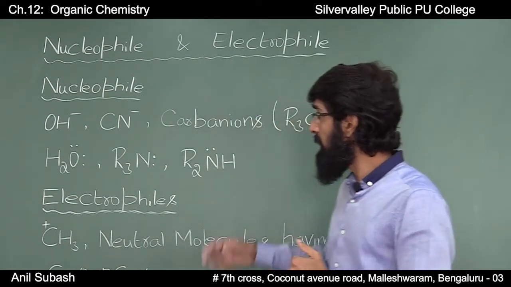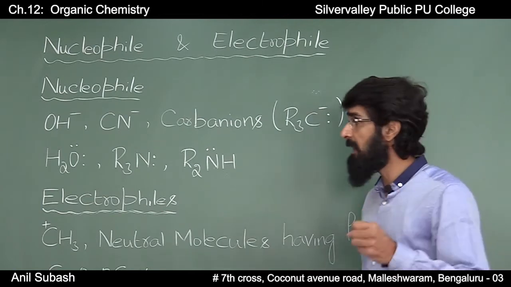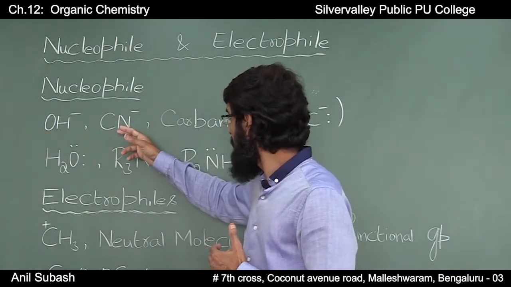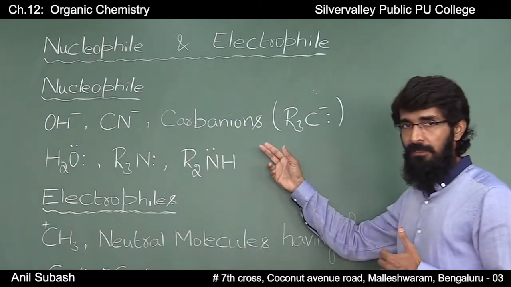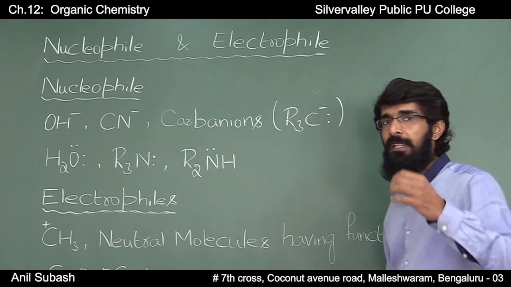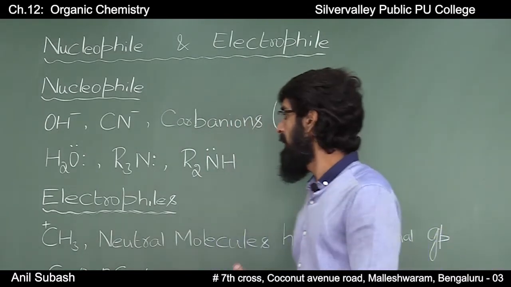Some of the examples of nucleophiles are negatively charged species like OH-, CN-, carbanions. These are all negatively charged nucleophiles having a pair of electrons.